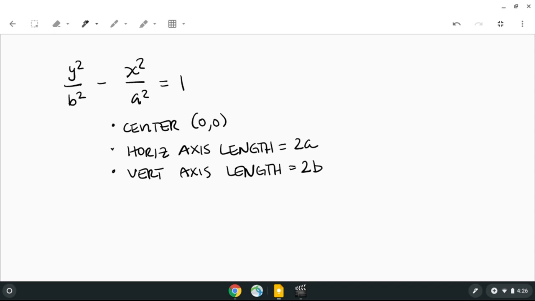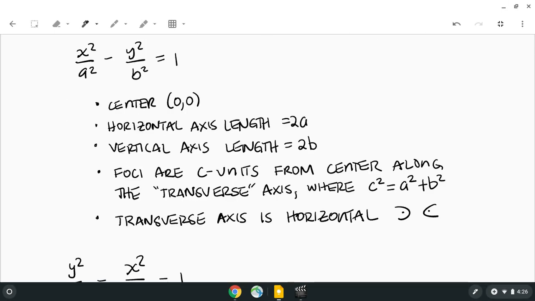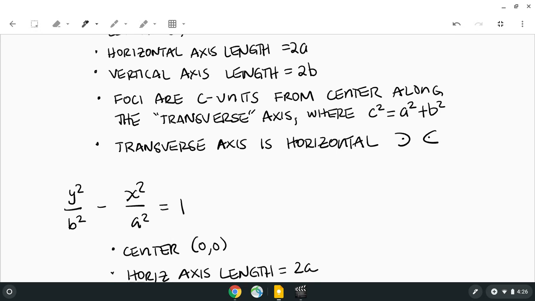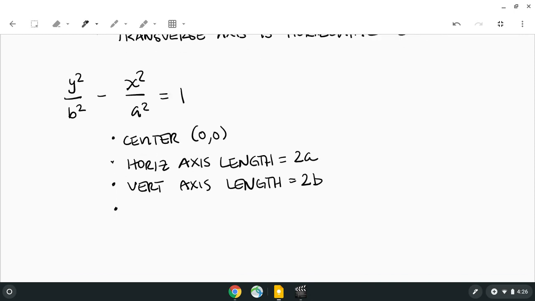Okay. And then what did we have here? We have the 2 focus points, still the same thing. So the only thing that's going to be different is this last line. The transverse axis is not horizontal, it's vertical. Okay.